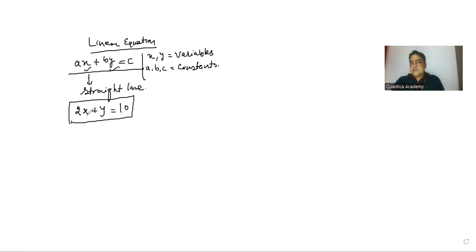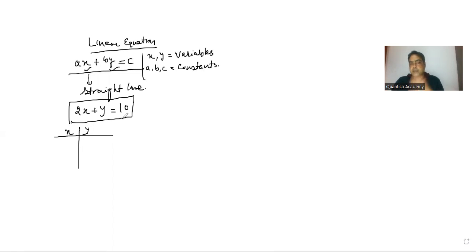If we take various values of x and corresponding values of y and plot those points on graph paper, on a Cartesian plane, and join those points, we'll find a straight line. How? For this, we'll have to take various values of x and y, so let us make a table of values.